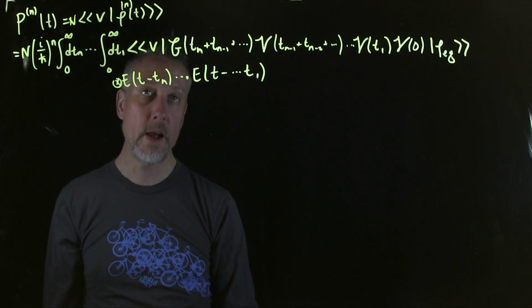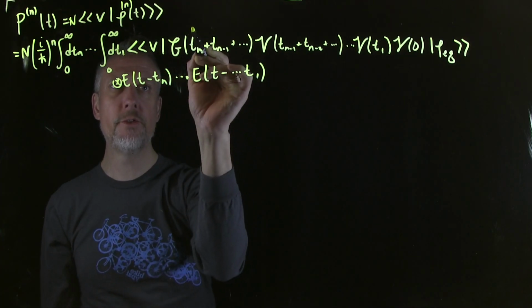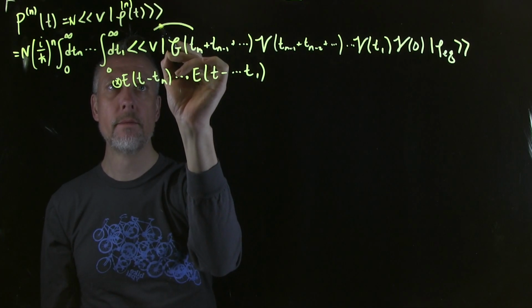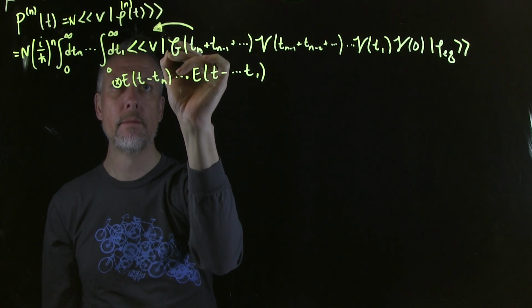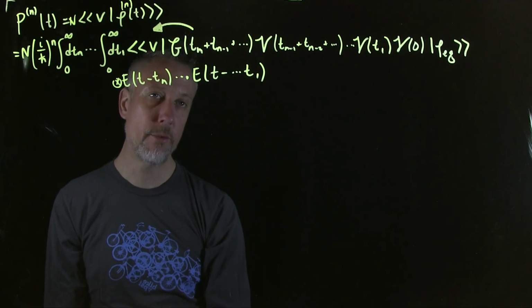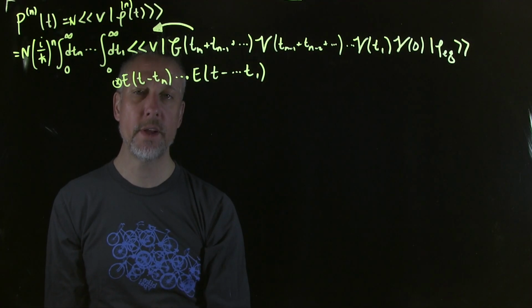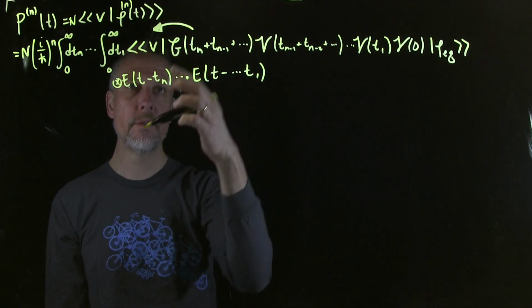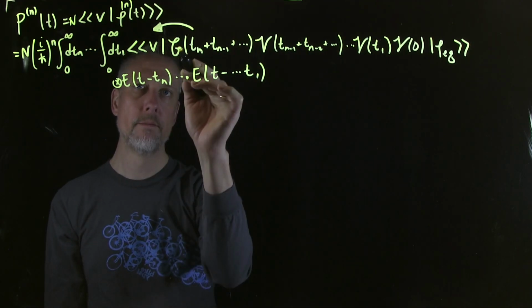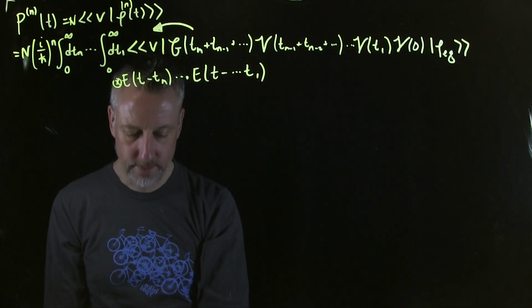Okay, so what we do now is we recognize that this G can be thought of as operating on the V to the left, right? And since it can operate on the V to the left, what that's going to do is shift the V to this time, whatever that time is.